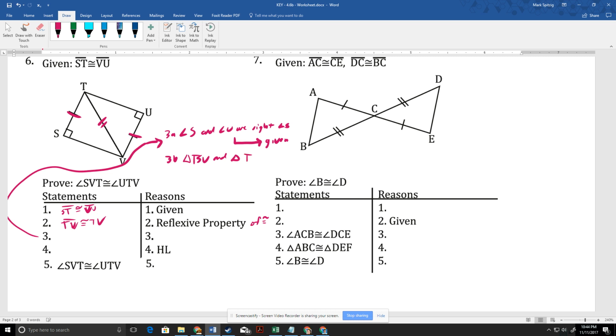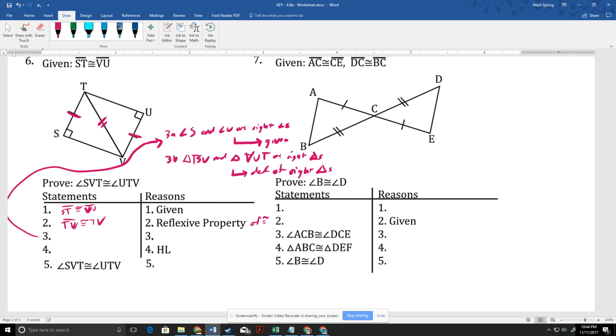Actually, TSV would be VUT. Are right triangles, and again, the reason is that's just the definition of right triangles. Okay, so that should sort of go here.